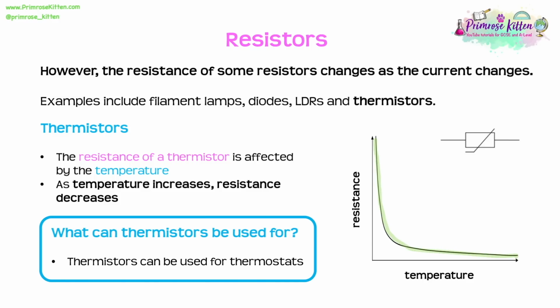Again, a bit like LDRs, this makes thermistors very useful for a lot of applications. An example of a use for a thermistor is a thermostat. Most people have thermostats in their homes where they set a certain temperature for their central heating to come on when it gets a bit too cold. And this thermistor would be able to enable this to happen.